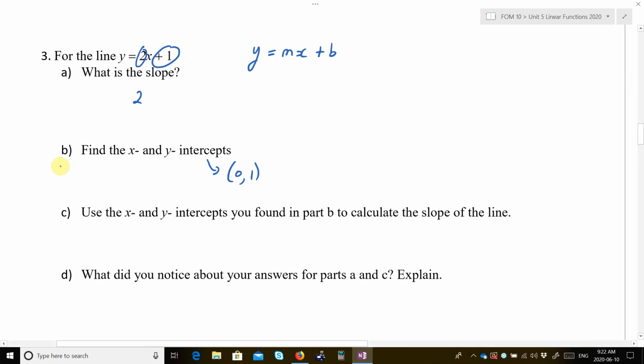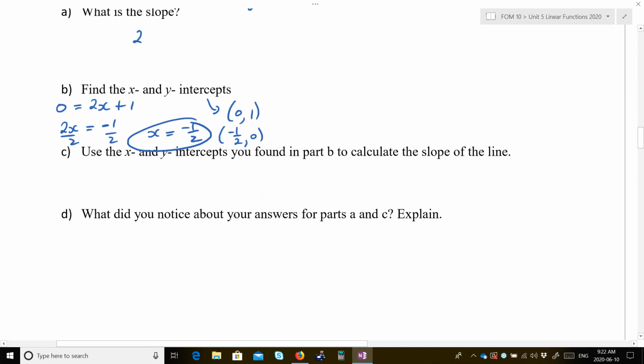So I would put 0 in for y and solve this 2x plus 1 equation. Which means that 2x would equal negative 1, divide both sides by 2, x equals negative a half. There's the x-intercept. Okay, so as a point, it would be (negative a half, 0).